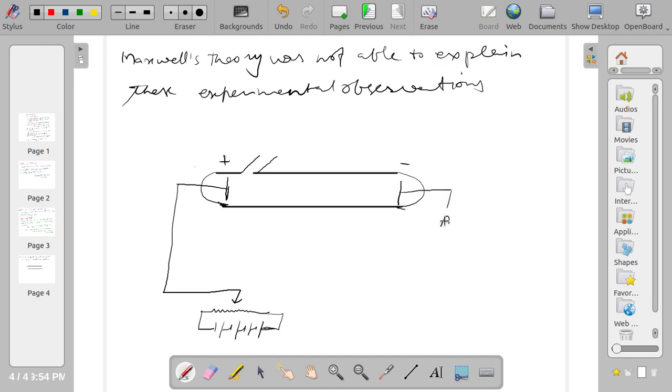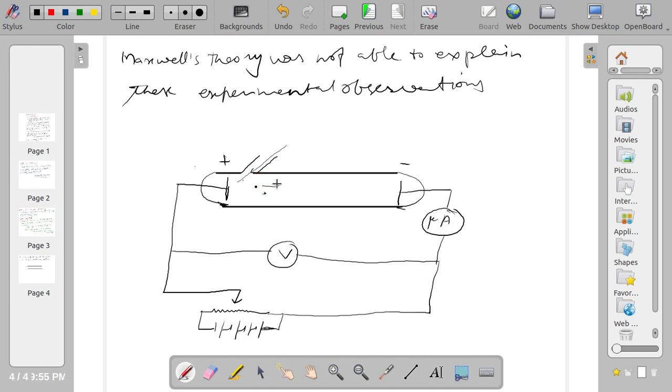Here a microammeter is connected and voltage is measured across it. So this is the experimental arrangement, and light is made to be incident through this window, and electrons are ejected in this direction. So these are the electrons.